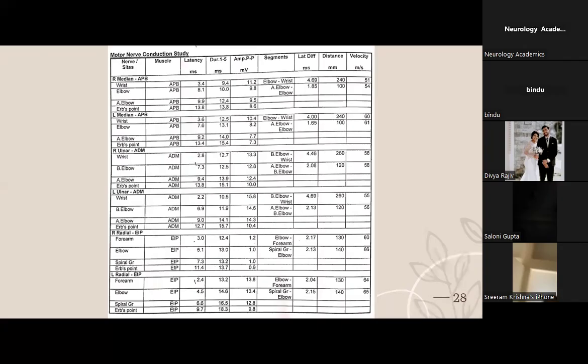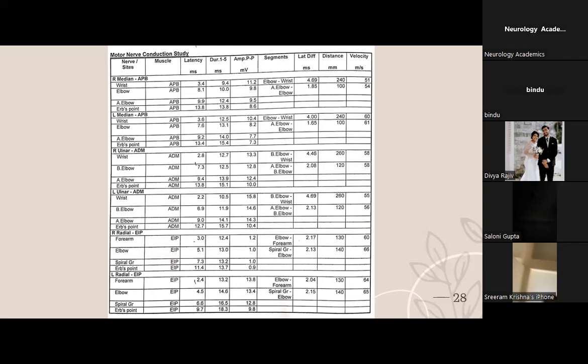Coming to the conduction, the median latency, amplitude, and velocity are normal. There is no conduction block in the right median. Left median also has normal distal latency, amplitude, and velocity with no conduction block. Right ulnar is also normal, and left ulnar is also normal.